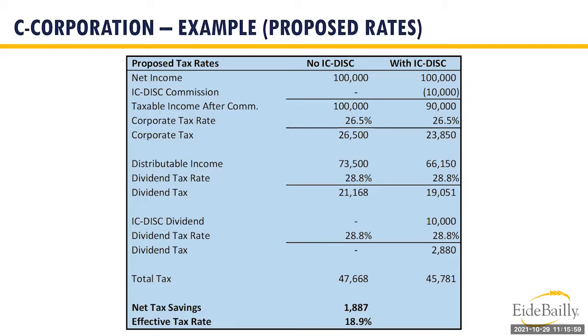And again, the realized tax savings is going to depend on the marginal tax rate that you are in for both ordinary income, capital gain income, and then whether or not you're subject to the net investment income tax.